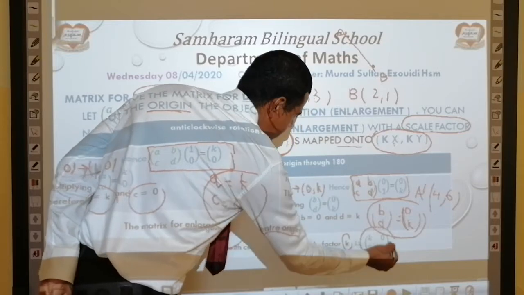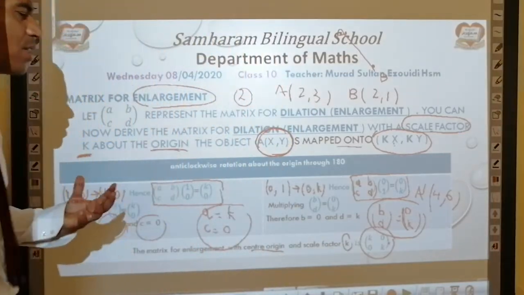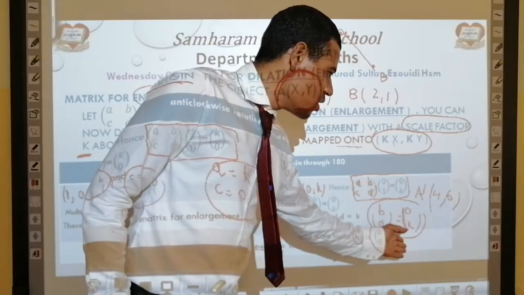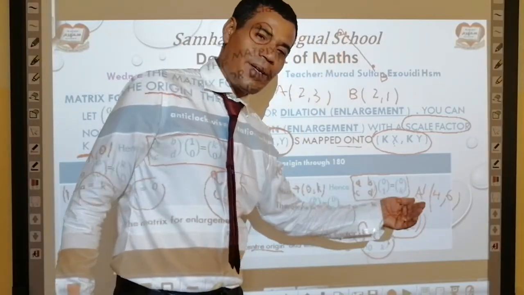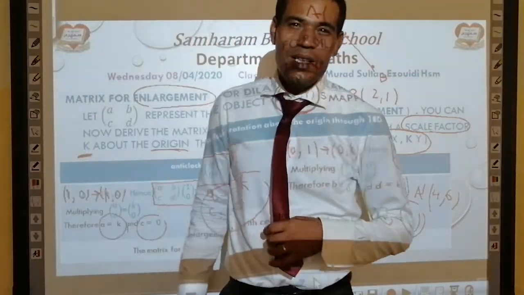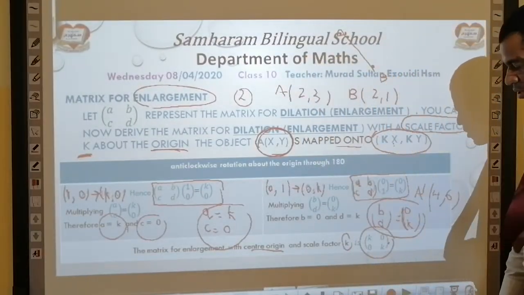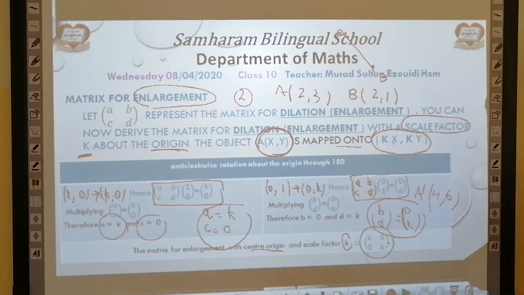This is the matrix. If you would like to transform any point, you should multiply this matrix by the coordinates of the point. You will find immediately and numerically the coordinates of the image point. Okay. We continue.